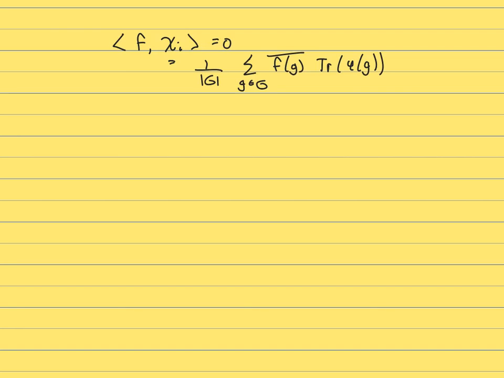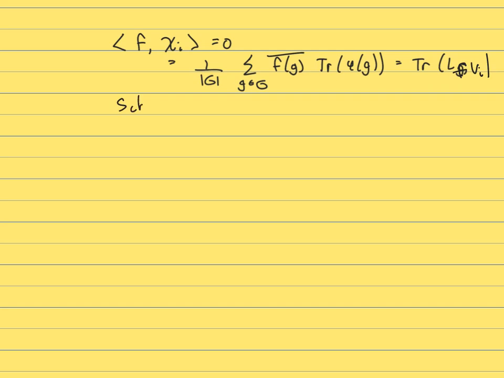Now remember, we're dealing with something that is G invariant. And so by Schur's lemma, this transformation, so this is just the trace of L_f on V_i. Not g, that should be f. V_i.